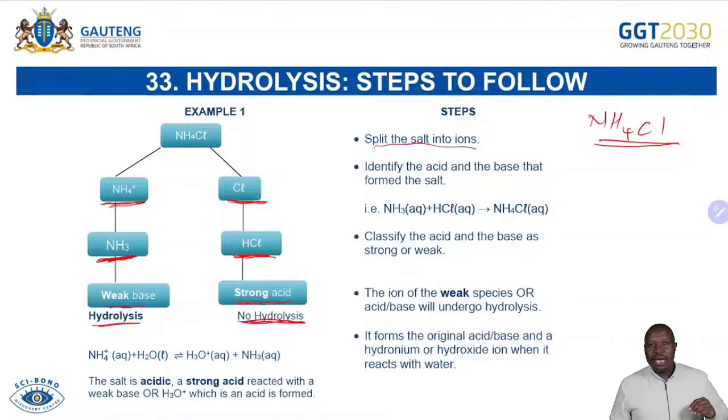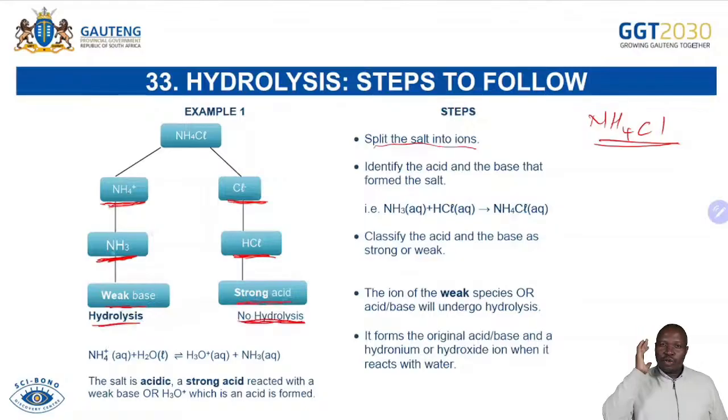So we are simply saying here, the ammonium ion is from a weaker base called ammonia. It will undergo hydrolysis, which means the water will react with ammonium plus, not chlorine minus, because chlorine minus is from a strong acid, and a strong acid does not undergo hydrolysis. I'm happy you are moving with me like that.